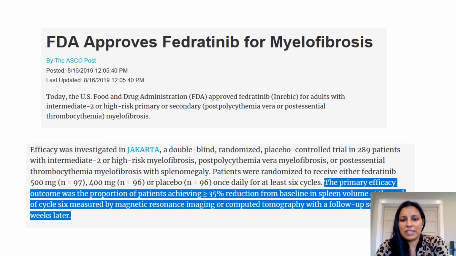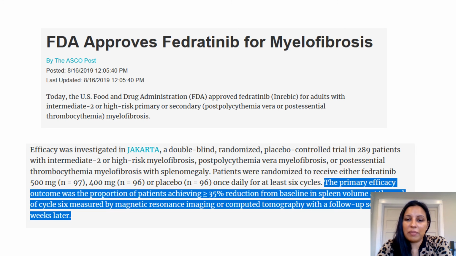I want to end on an example of regulatory flexibility, which again, the oncology group demonstrated in terms of efficacy endpoints. Traditionally, you see oncology drugs being approved on survival endpoints, progression-free survival, or response rate. But in 2019, our office approved fedratinib for myelofibrosis, which can cause splenomegaly.